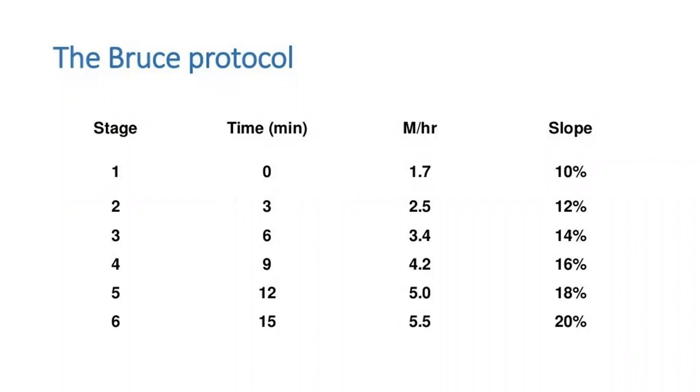Here is the Bruce protocol. You can have a look at the stages. Stage 1, Stage 2, Stage 3, Stage 4, Stage 5, and Stage 6. Here you can have a look at the time of each stage, the miles per hour, and the slopes.